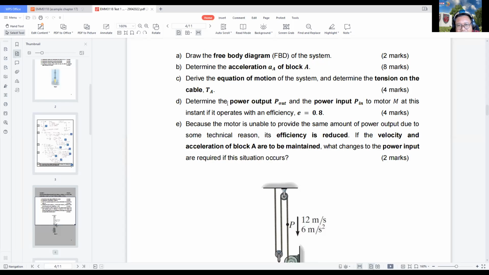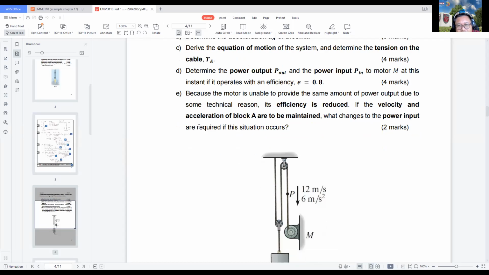Next is to determine the power output and the power input to the motor when the efficiency is given as 0.8. The last one needs a little bit of discussion. Because the motor is unable to provide the same amount of power output due to some technical reason, its efficiency is reduced.